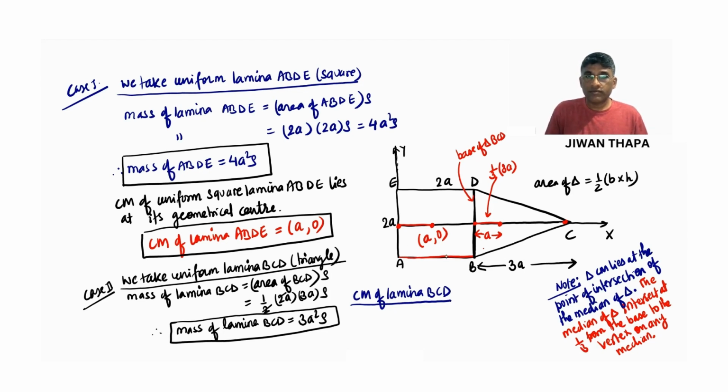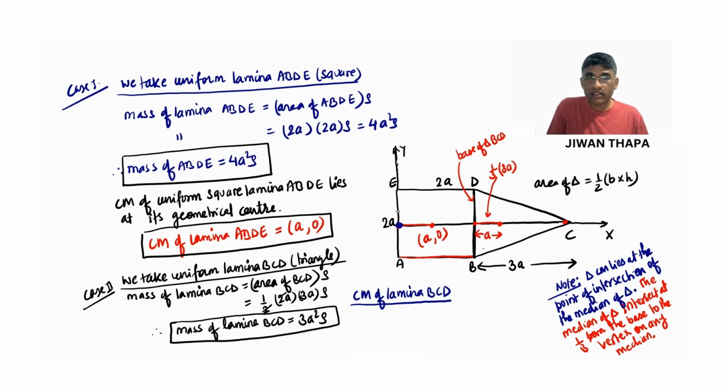Now what we do is, okay, we find the center of mass of this uniform triangular lamina, and we are finding the center of mass from this point, okay? So it is acting like the origin. Clear?